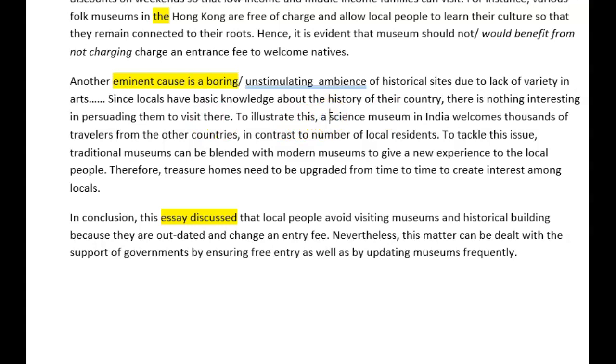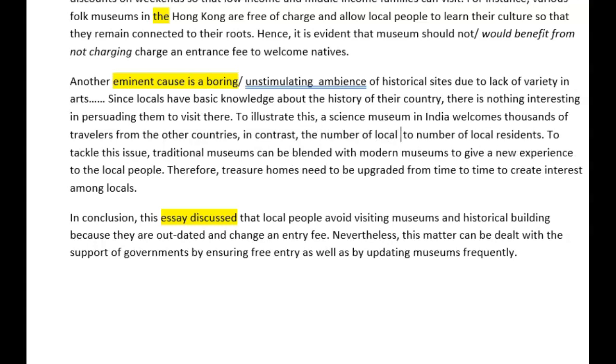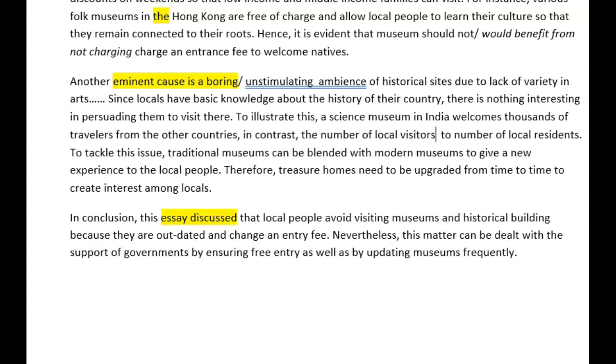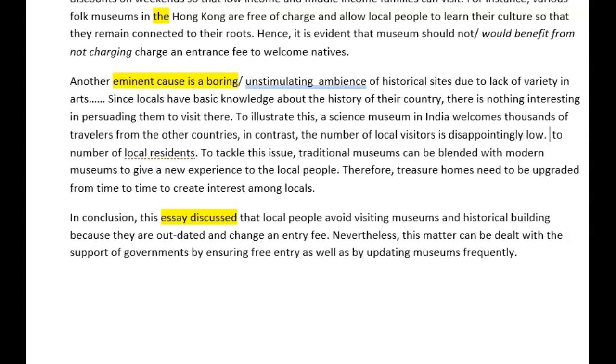"Although a science museum in Delhi welcomes thousands of travellers from other countries, in contrast, the number of local visitors," visitors you need, "is disappointingly low," or persistently low.